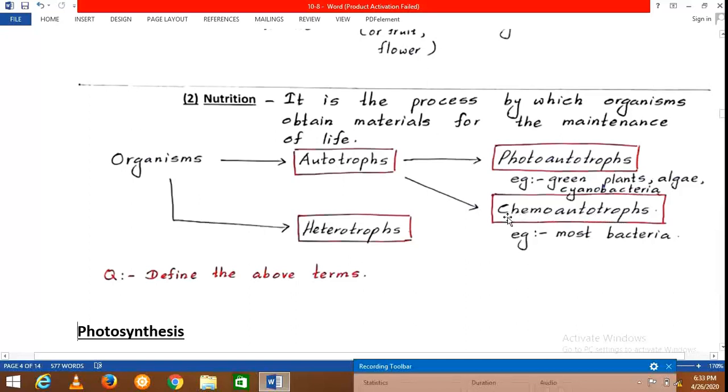These organisms make use of the energy released in a chemical reaction for the production of food. Example, most bacteria. Here light energy, here energy released in a chemical reaction.